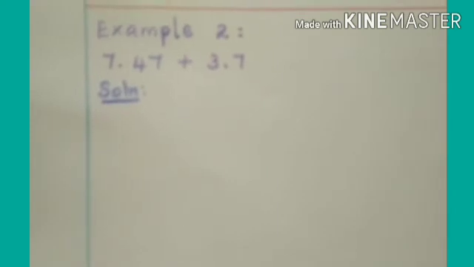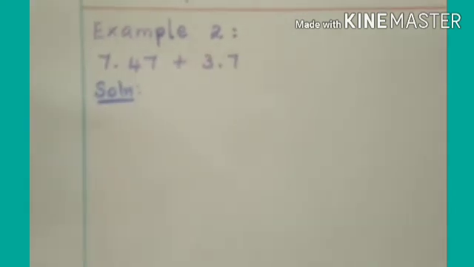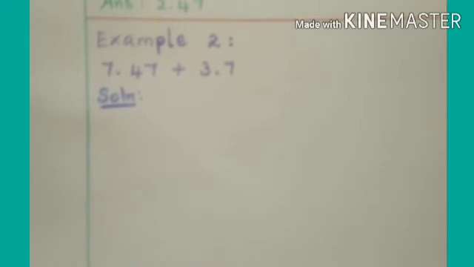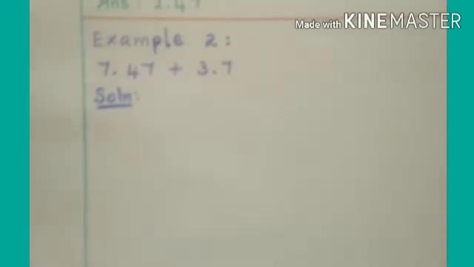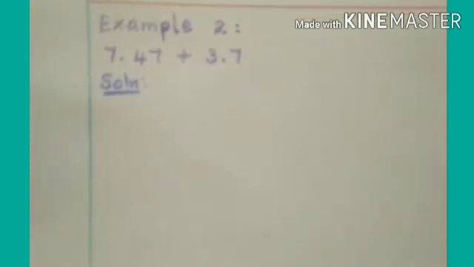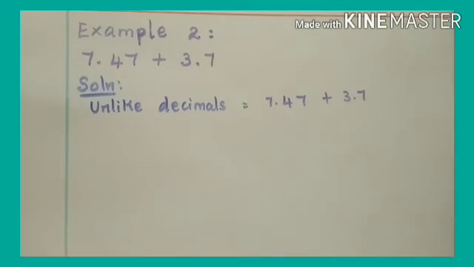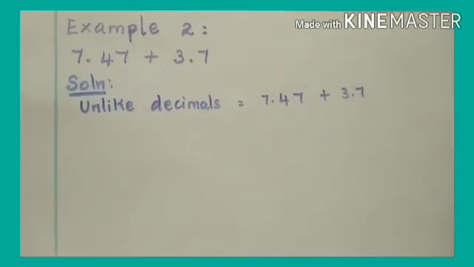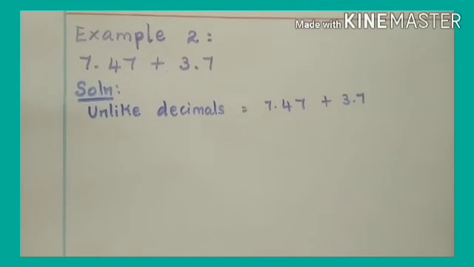Example 2. Add 7.47 and 3.7. Here the given decimals are unlike decimals, so we have to convert them into like decimals. Here write unlike decimals is equal to 7.47 and 3.7.